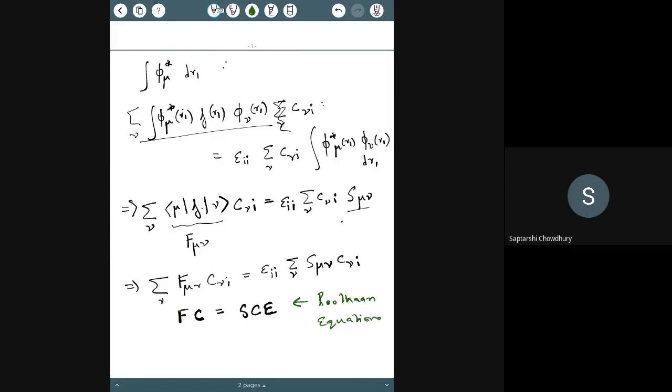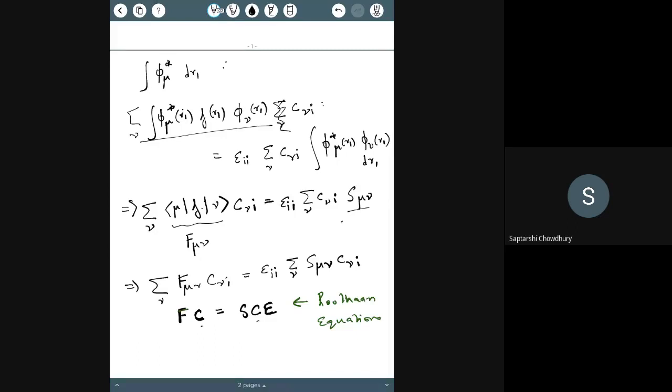So let's now think of what this equation contains. It contains some sort of matrix elements of the Fock operator in spatial representation. It contains some matrices C, which tell me what linear combinations of the atomic orbitals we must take to form all the molecular orbitals that we want.